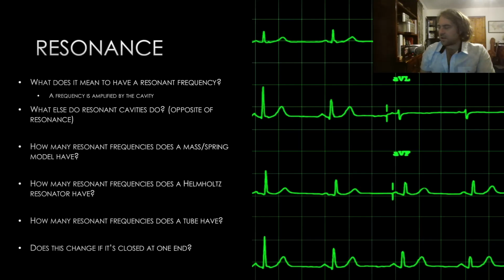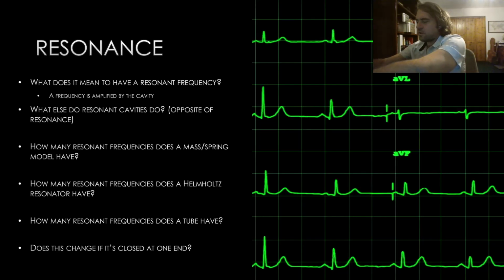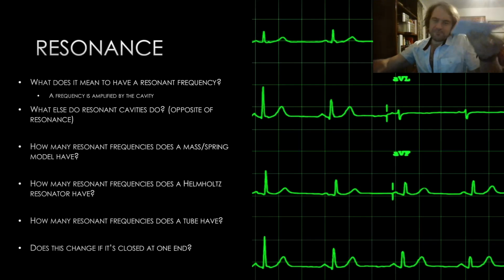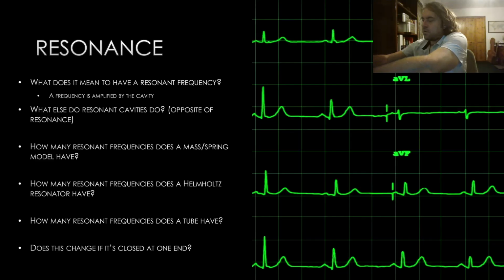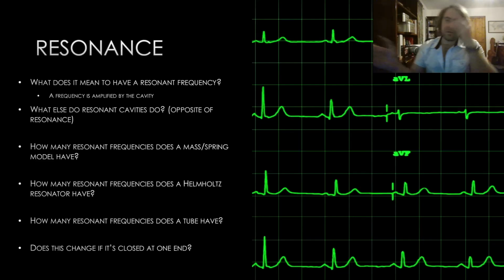It has a fundamental frequency. But you can take closed stuff and that has a fundamental frequency too. Closed, like solid stuff. So my cell phone has a fundamental frequency. This coaster has a fundamental frequency. Everything has a fundamental frequency. So it's just a frequency that's amplified by an object.